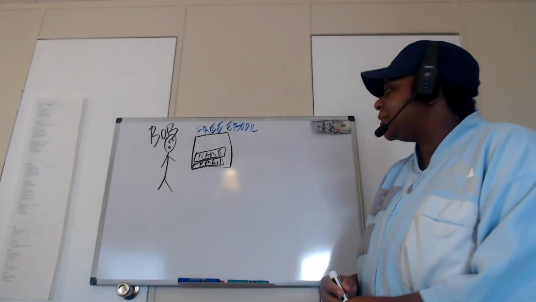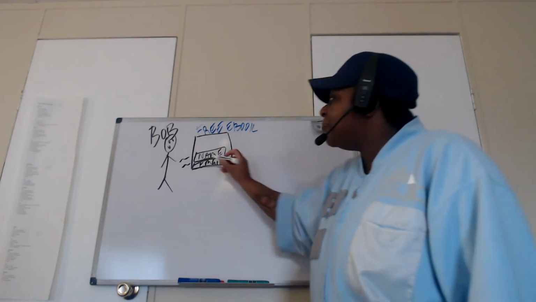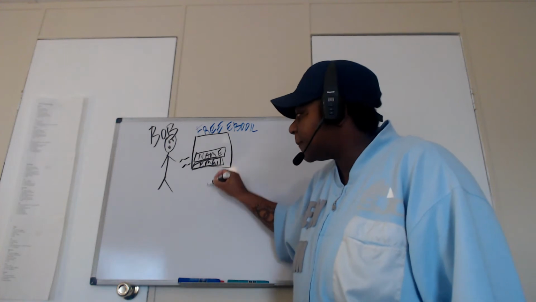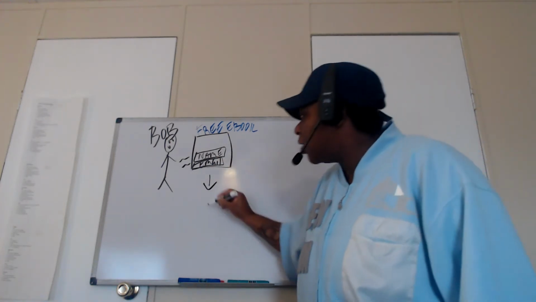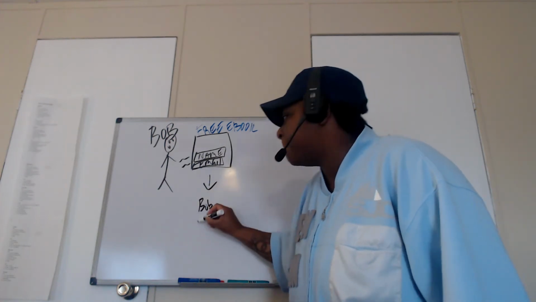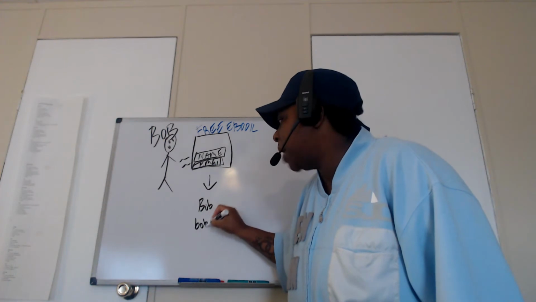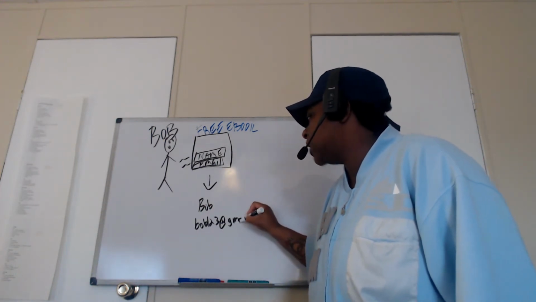Now here's what happens. When Bob puts in his information, that name and email address drops down into what's called an email list, okay? It'll drop down here, so it'll be like Bob, and let's say Bob's email address is bob123@gmail.com.